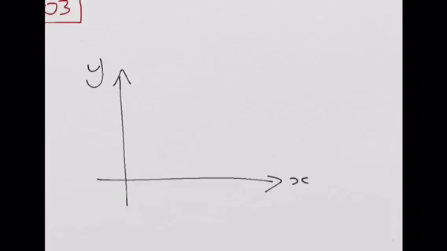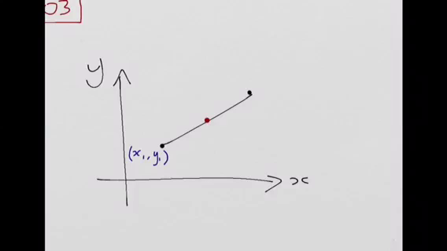Okay, so we have an x-axis here and a y-axis, and then we have two points, the ends of our line. Let's draw a straightish line between them, and what we're looking for is our midpoint somewhere around there. Let's say this bottom point has coordinates x1, y1, and this top point has coordinates x2, y2.